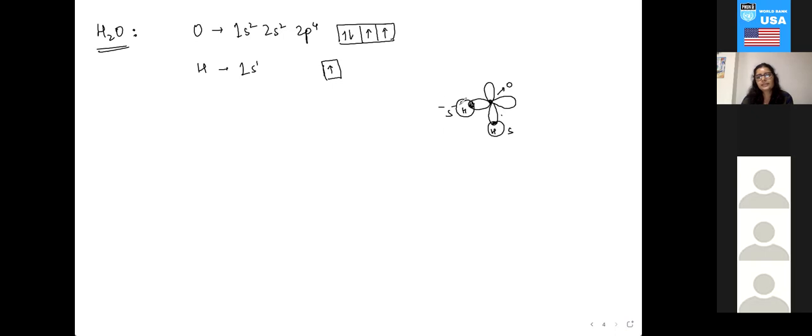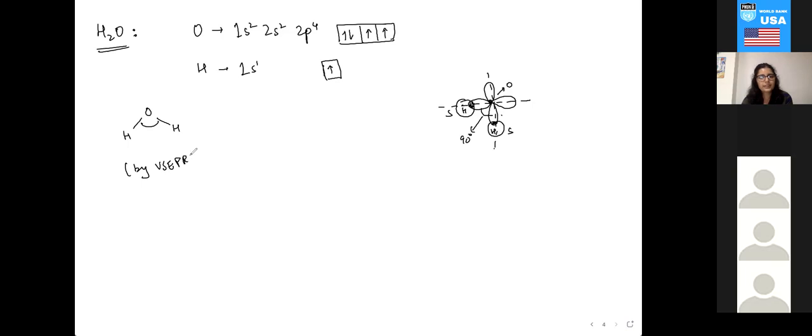So in this case, what do you think is the bond angle between hydrogen, oxygen and hydrogen? 90 degrees. 90 आ रहा है ना? But based on VSEPR, what was the bond angle in water? Oh, 104.